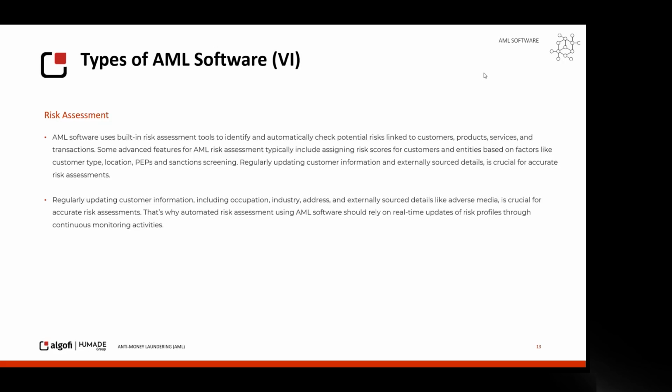Some advanced features for AML risk assessment typically include assigning risk scores for customers and entities based on factors like customer type, location, PEPs (politically exposed person lists), and sanctions screening. Regularly updating customer information and externally sourced details is crucial for accurate risk assessment.